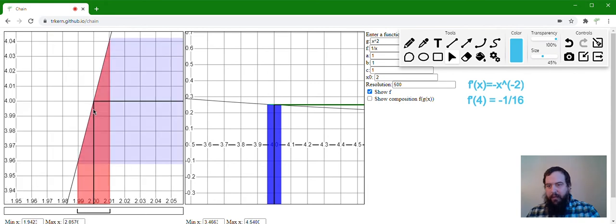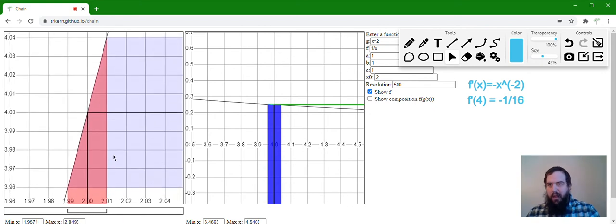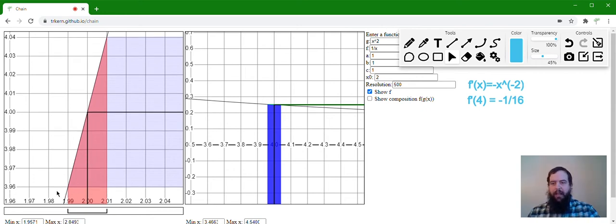When we zoomed in by a factor of 10 to go from 1.99 to 2.01, this range is very close to going from 3.96 to 4.04. It's very close to just multiplying the width of this range by a factor of 4.